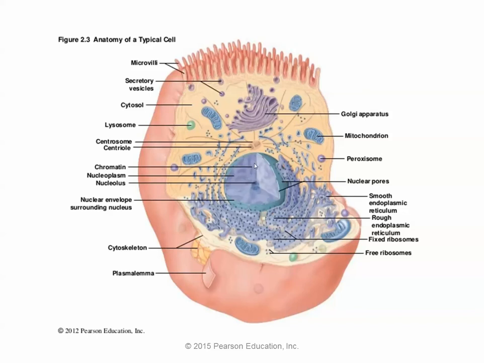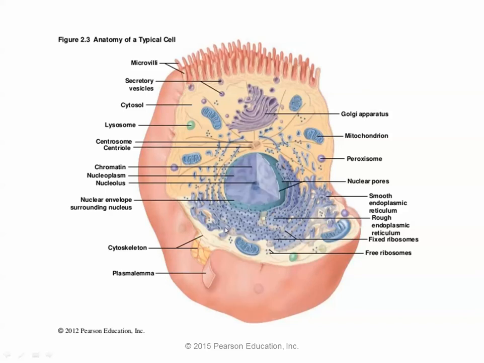Now, as we go outside the cell nucleus, we can see all these organelles that are important for different things in the cell. We've already mentioned this one, the endoplasmic reticulum. It's kind of like a little factory and warehouse because what does it do? It produces carbohydrates, lipids, and proteins. And you can see there are two types of endoplasmic reticulum.